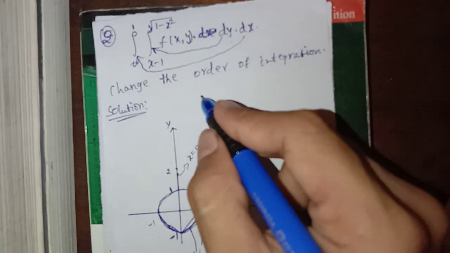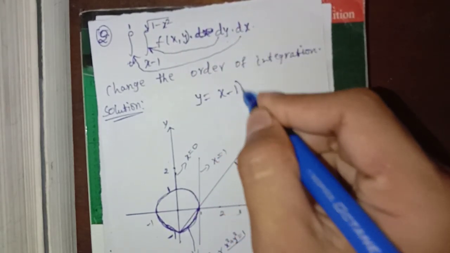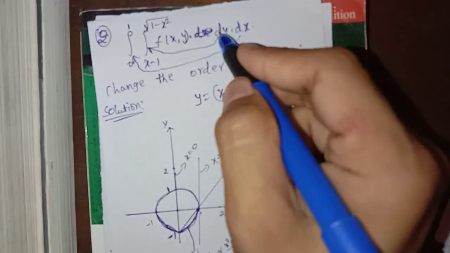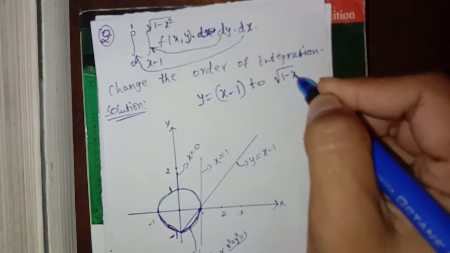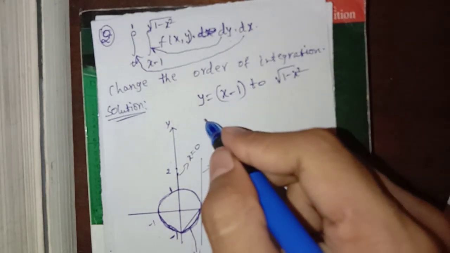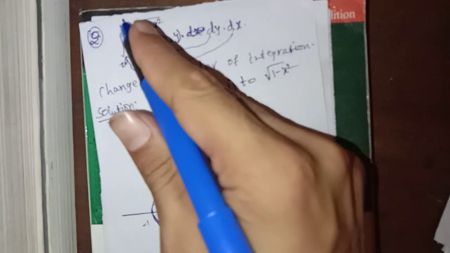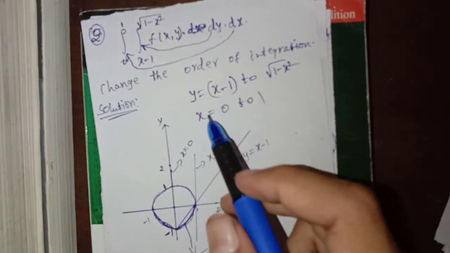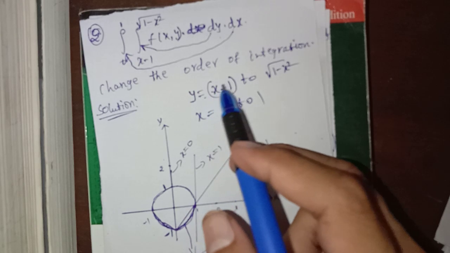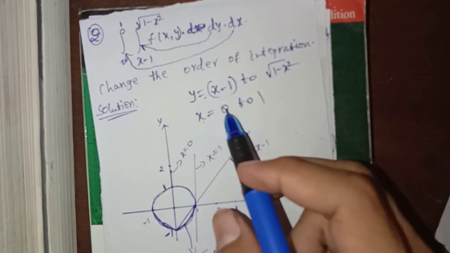That means y varies from x minus 1 to root of 1 minus x square, and x varies from 0 to 1.